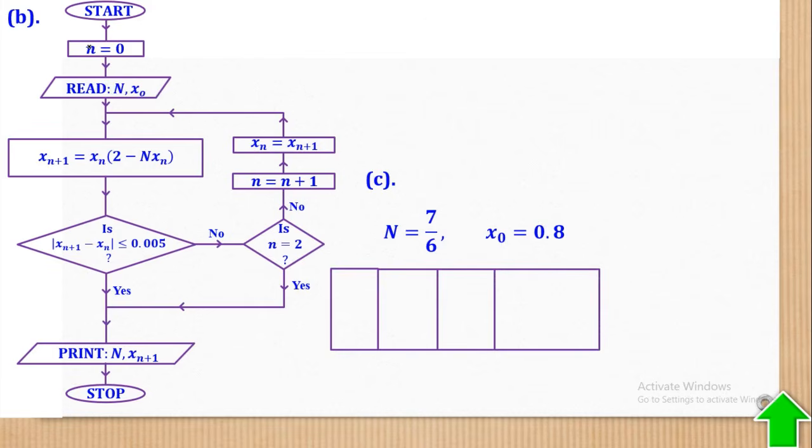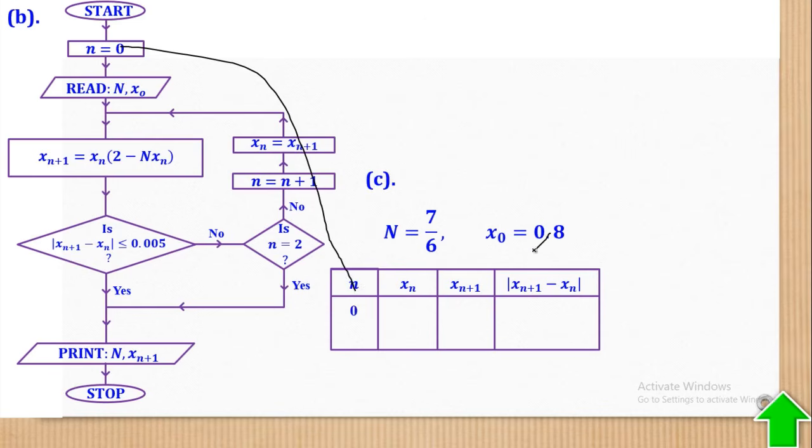So tabulating, we have n as a variable, capital N is a constant, but we have xn as a variable, xn plus 1 and the error. So we put in our table small n, xn, xn plus 1 and the error. The starting value of n is 0, so we put n equal to 0.